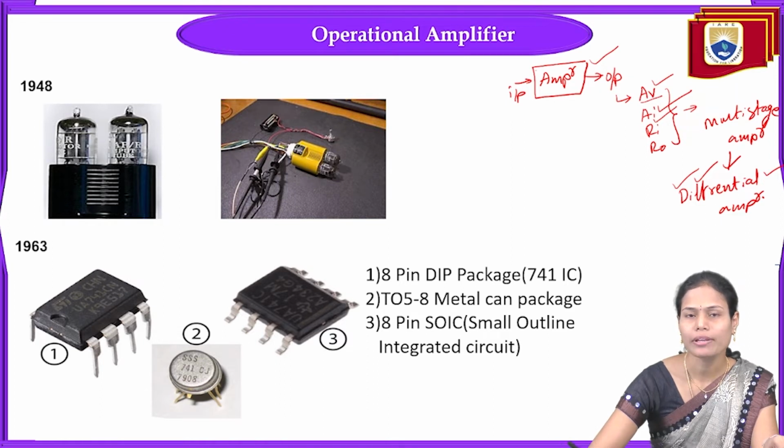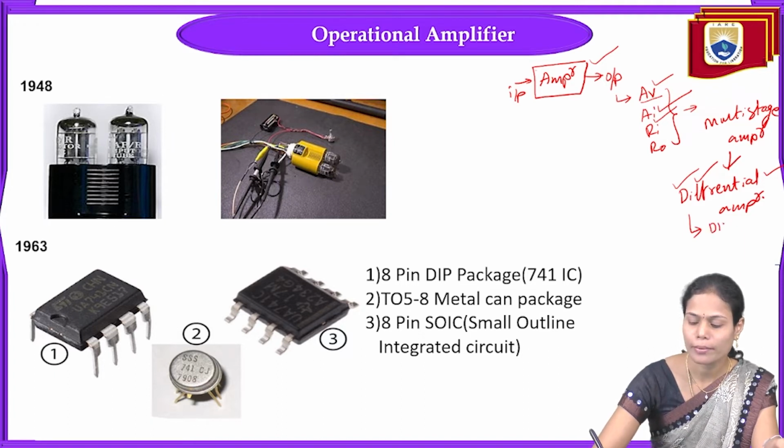Whatever input signals we provide to the two stages, the two transistors will take the difference of the two applied input signals and amplify that difference. That is the basic function of the differential amplifier. These differential amplifiers are again available in 4 modes that we discussed in the previous session.